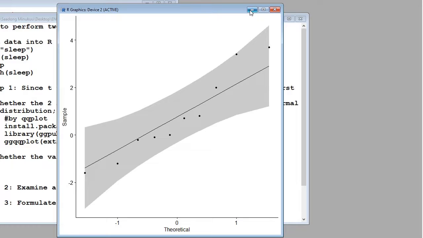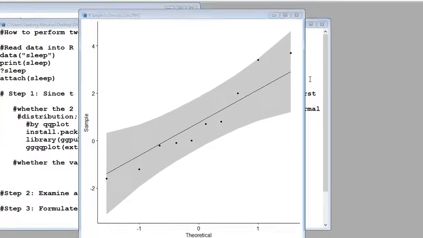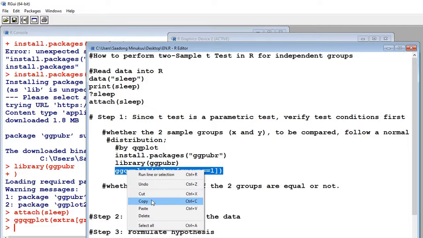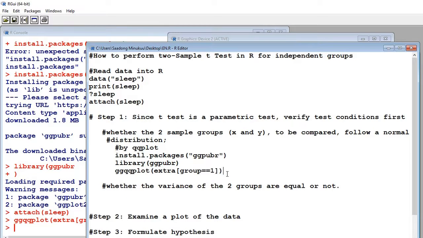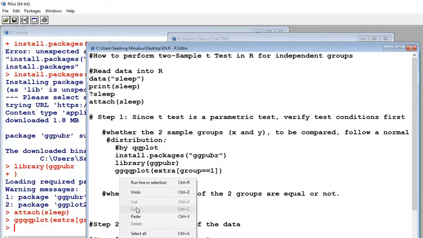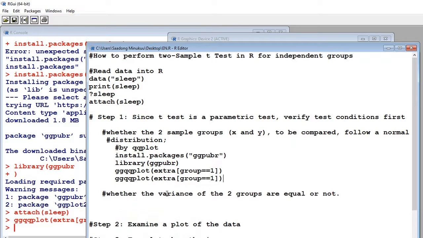Let's do the same for group 2. I'll simply copy this and repeat the process. Let me copy this, get down, paste it here, and this time around we're going to do it for group 2. It's the same thing, but now we want it for group 2.